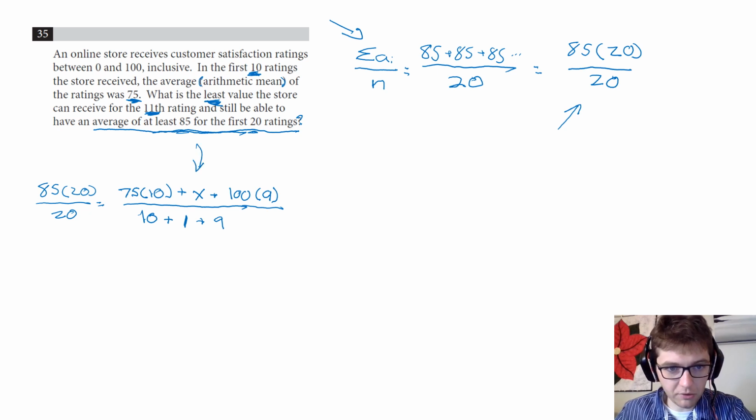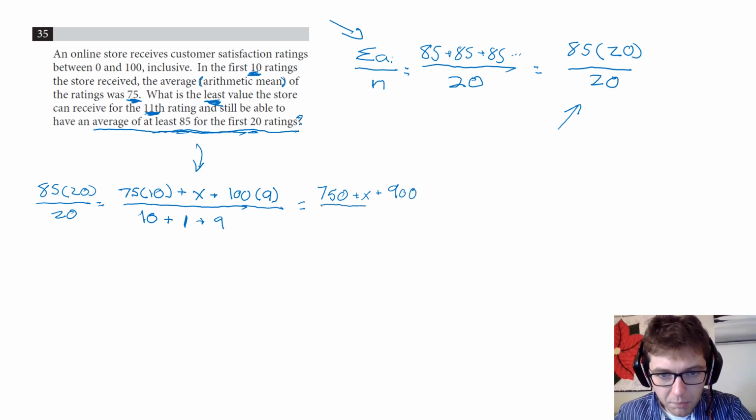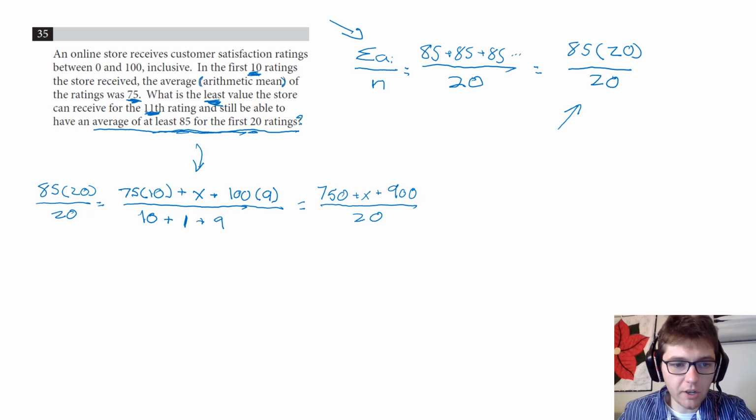So let's simplify this right-hand side. 75 times 10 is 750. Leave the plus x. And then 100 times 9 is 900, divided by 10 plus 1 plus 9, which is 20. At this point, we see our far left-hand side and our right-hand side are both divided by 20, so just multiply both sides by 20.